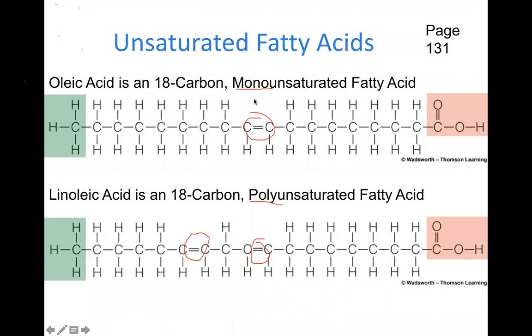So unsaturated fatty acids, see this says unsaturated. Unsaturated means that there are not hydrogens every single place there could be. The bonds of this molecule are not full of hydrogens. Instead, you have carbon-carbon double bonds. So the presence of double bonds indicates that a fat is unsaturated.